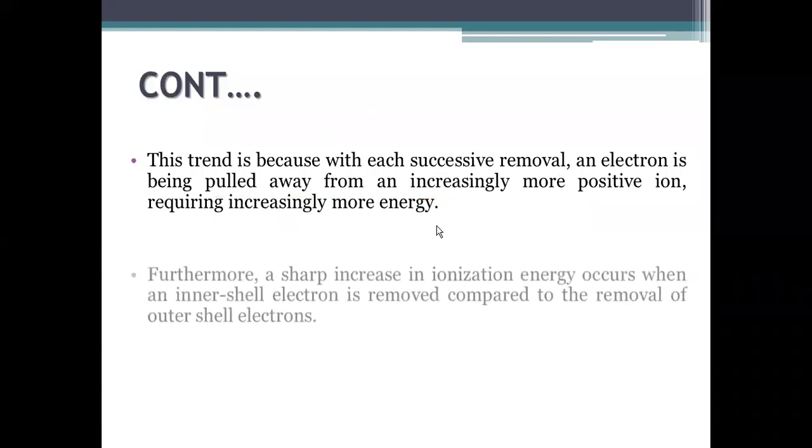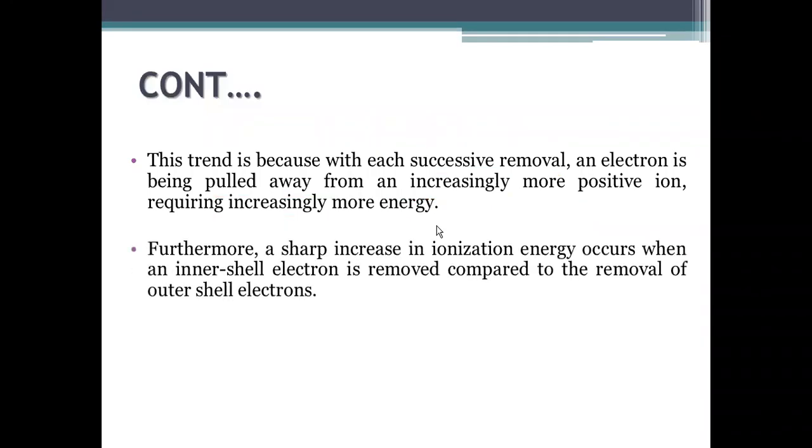Therefore, further, a sharp increase in the ionization energy occurs when an inner shell electron is removed compared to the removal of an outer shell electron. We should be very careful about that. We already studied that when it has a stable configuration, you have to provide more energy to remove one electron from it. If it is loosely bound, just the valence electron, you need less energy to remove it.